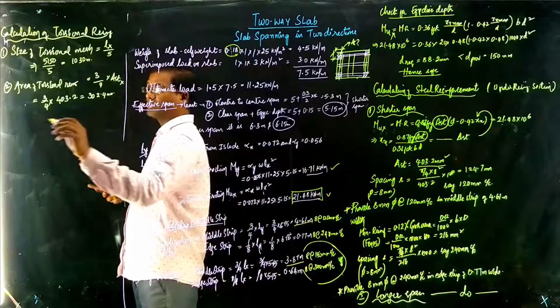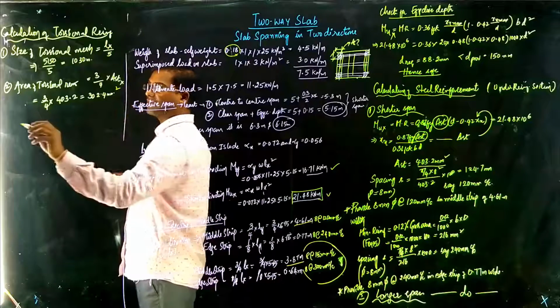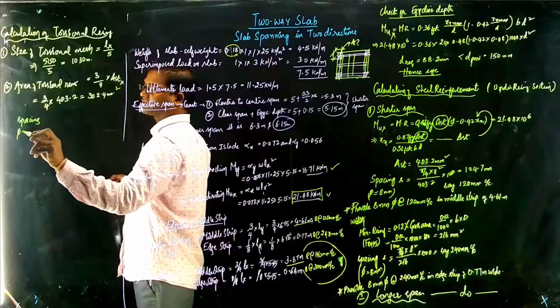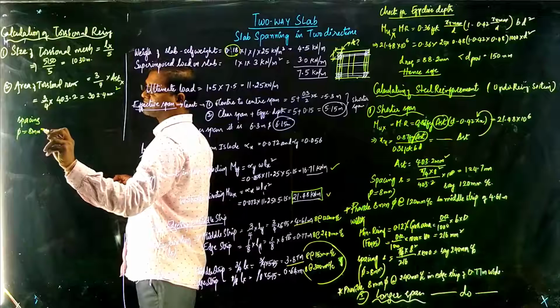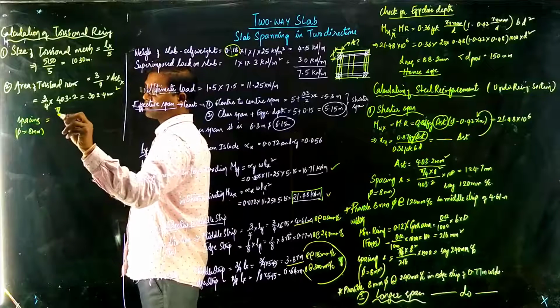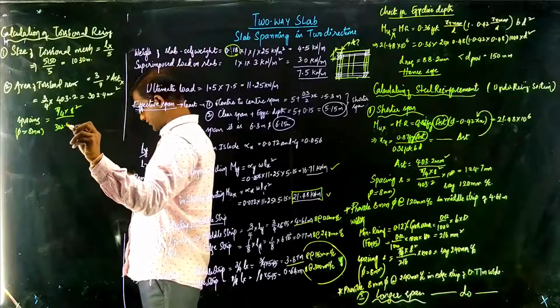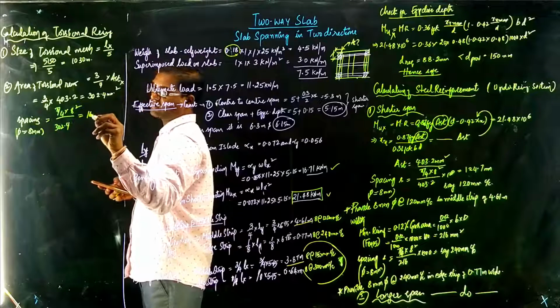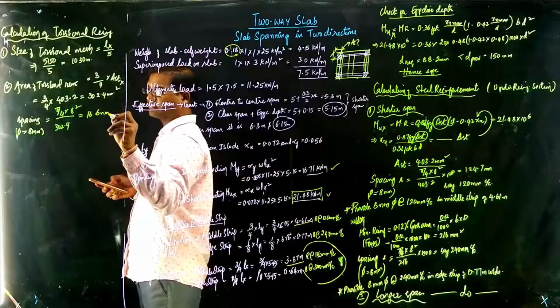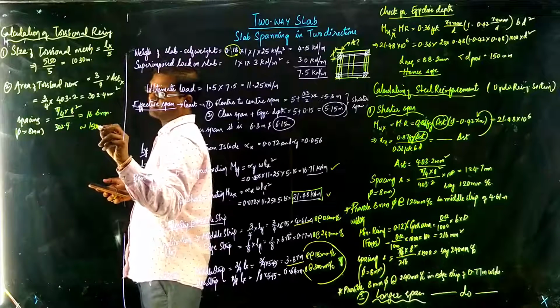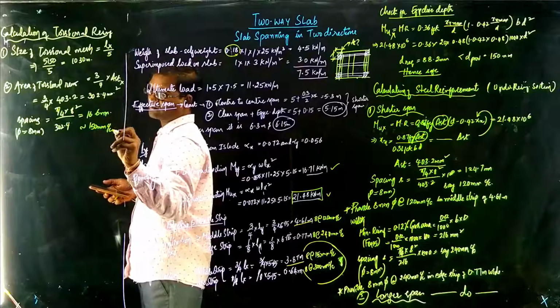And you got this area, you can calculate spacing by assuming some diameter. Let us take 8 mm is my diameter. So 5 by 4 into 8 square divided by 302.4. This will give you a value of 166 mm. So you can say approximately 150 mm center to center.